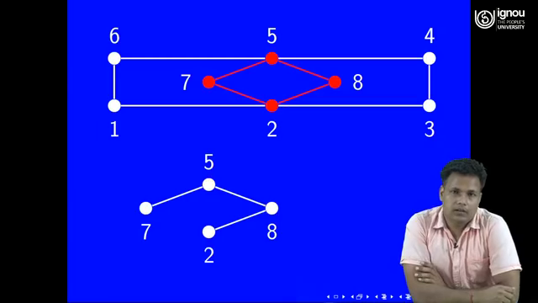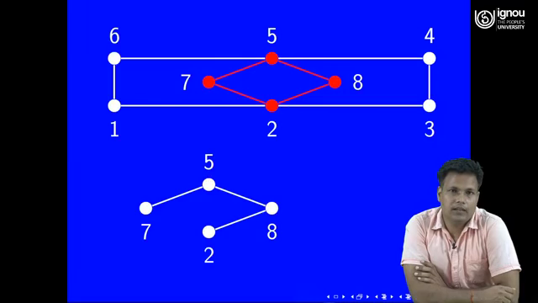For example, again consider the graph. In the graph shown above, you can see that the red vertices are 2, 5, 7 and 8 along with their red edges. We have extracted all these vertices but except the edge 2, 7.